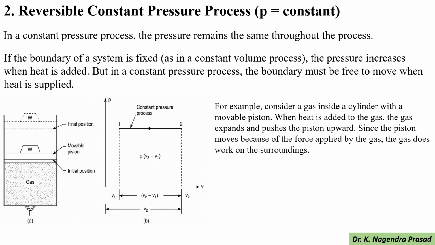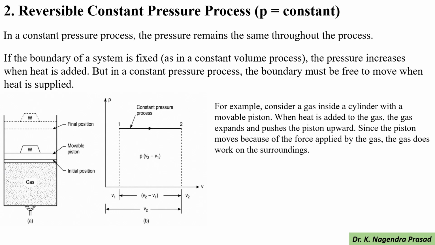For example, consider a gas inside a cylinder with a movable piston. When heat is added, the gas expands and pushes the piston upward. Since the piston moves because of the force applied by the gas, the gas does work on the surroundings.